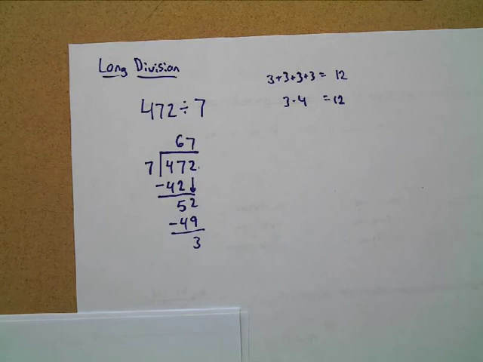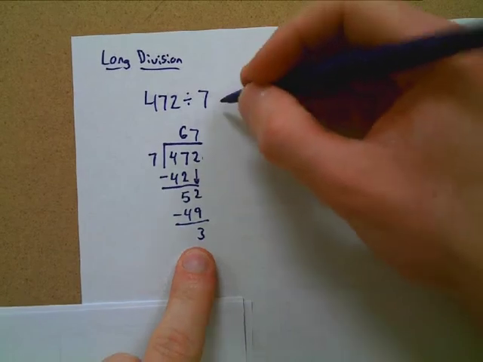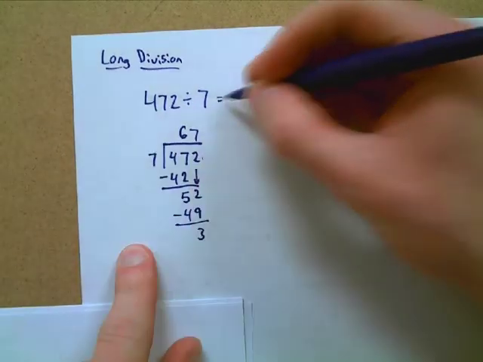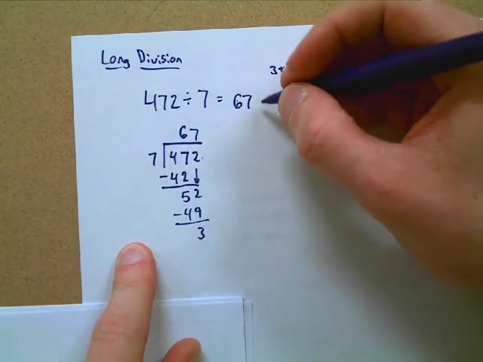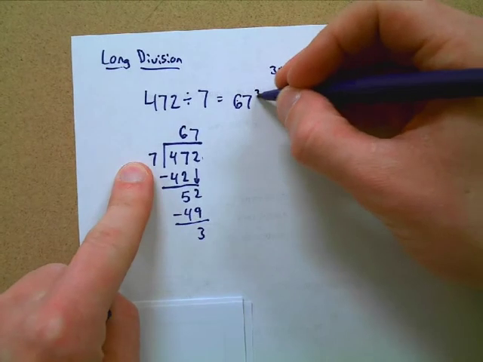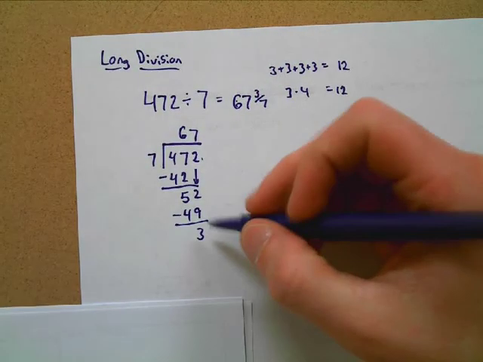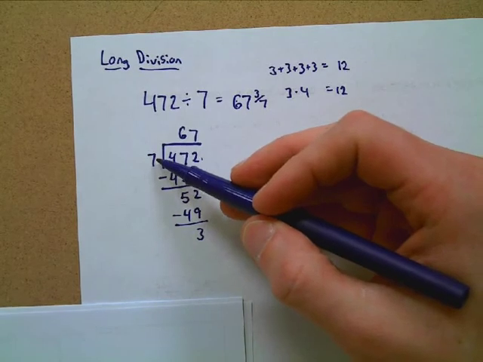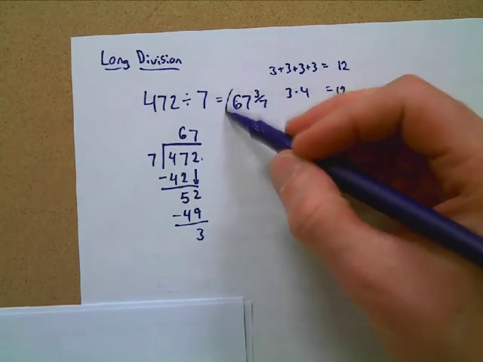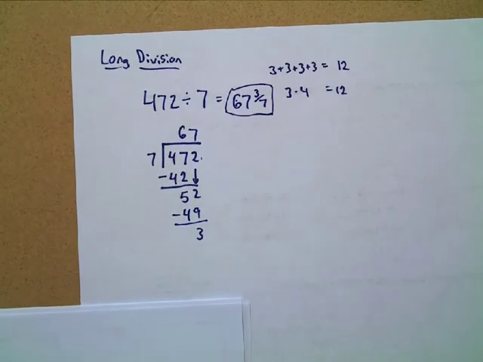So option 1 is to say this is our remainder of 3, and so the answer of 472 divided by 7 is 67 and 3/7. The remainder you put over the divisor, and that's your final answer if you wanted to. You could stop right there and say, okay, 67 and 3/7. That's where we get that mixed number from, okay?